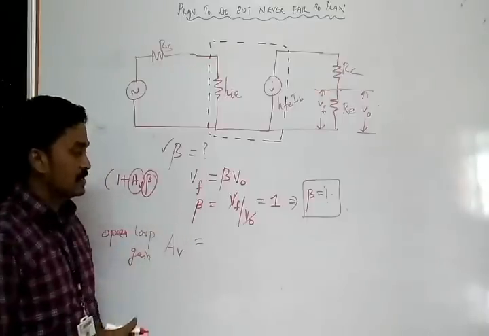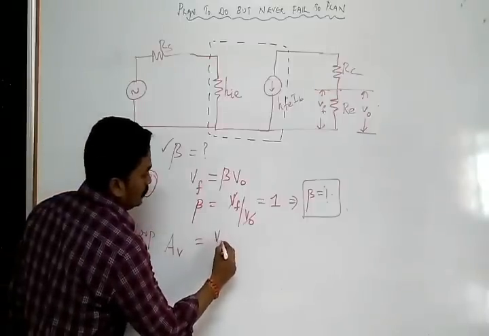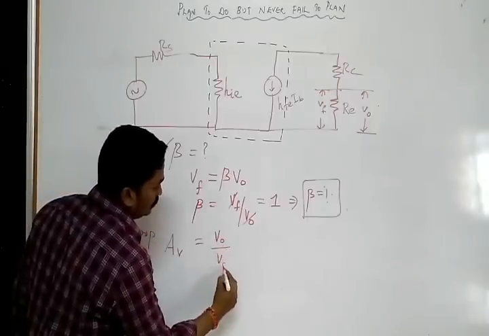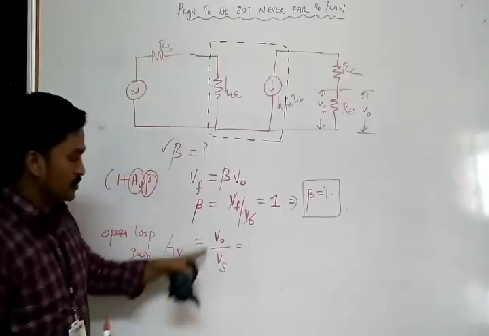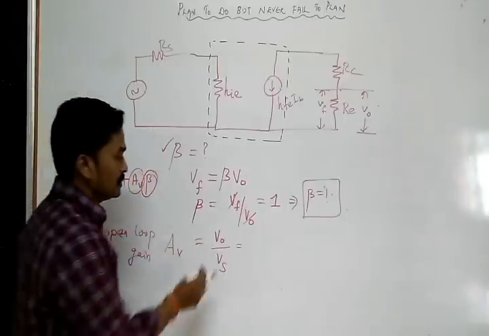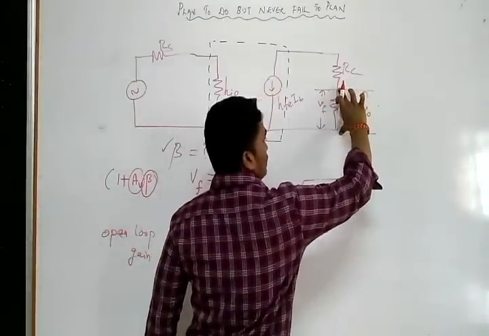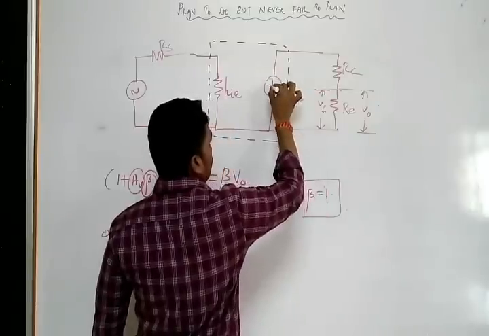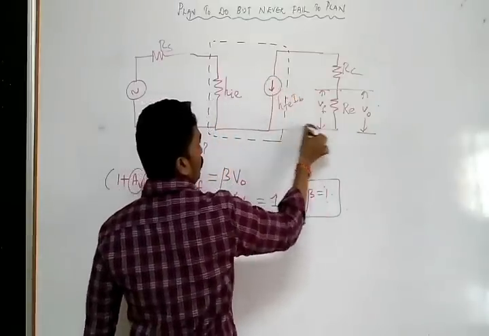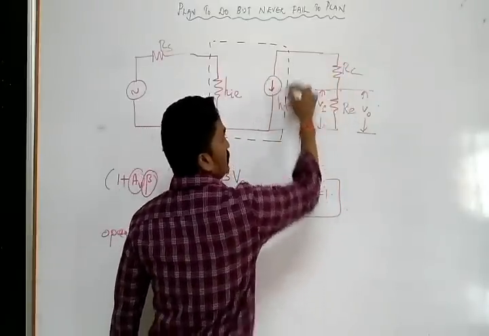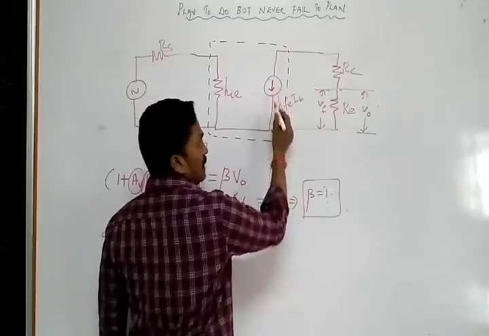So AV is voltage gain, so output voltage divided by input voltage. This is your gain, output by input voltage. Then what is the voltage? V0. V0 is across this RE, right? And the current is HFE IB flowing through the circuit. Since it is a series circuit, the current value is the same.